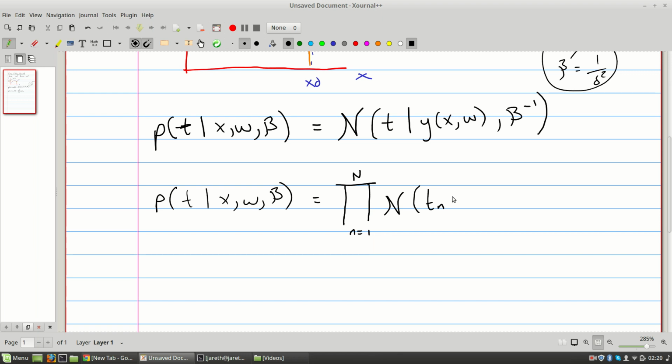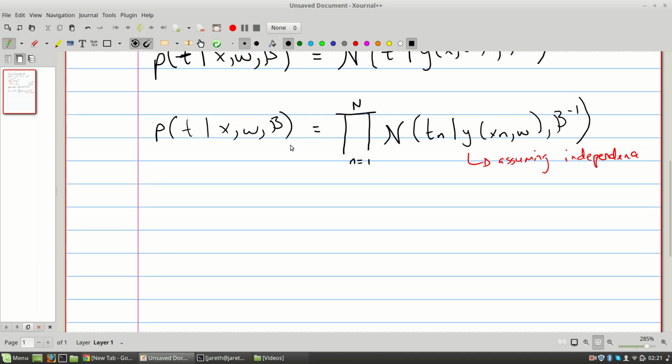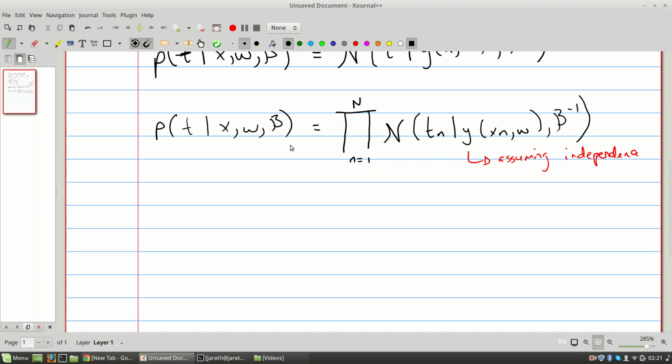So if we assume independence, then obviously we can multiply out those probabilities.